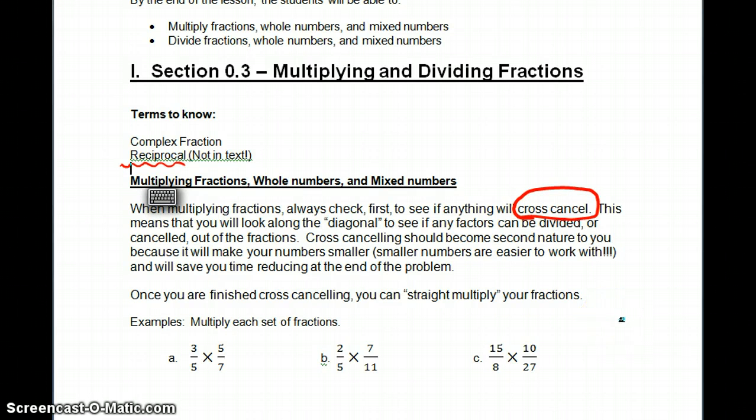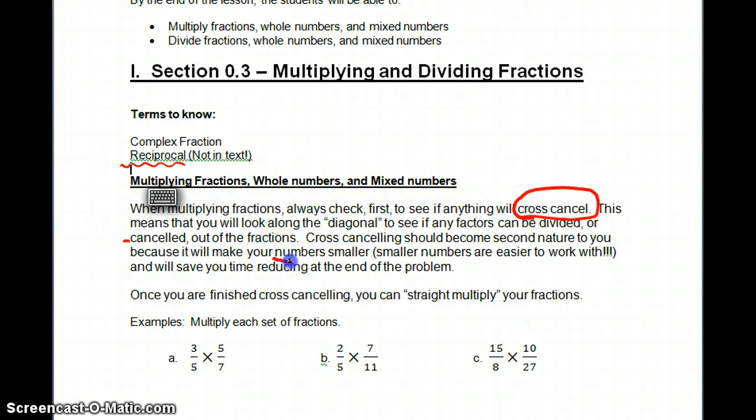And what this means is that you're going to look along the diagonal of your two fractions to see if any factors can be divided out or canceled out of the fractions. Cross-canceling should be, like I said, the first thing that you check for, and it should become second nature to you whenever you are working with the multiplication of fractions, because it will make your numbers smaller.